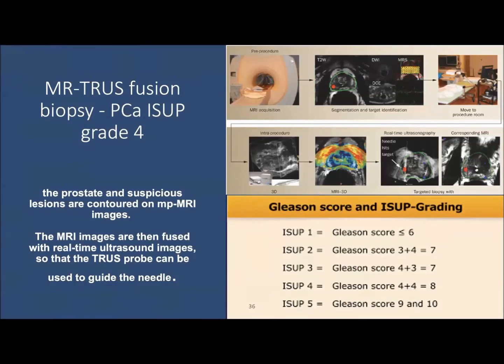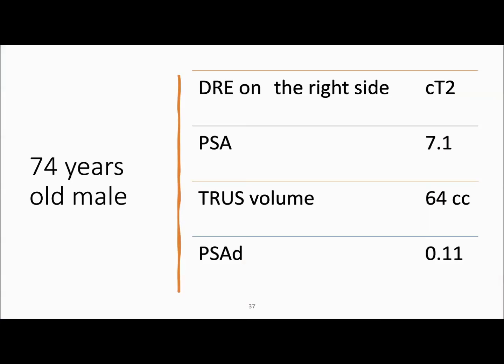This patient had an MR fusion biopsy, and this is one of the cases that was actually taken from the European Urology publication. And this patient had an ISUP grade 4 cancer, which obviously is a high-risk prostate cancer. So we move on to another case.